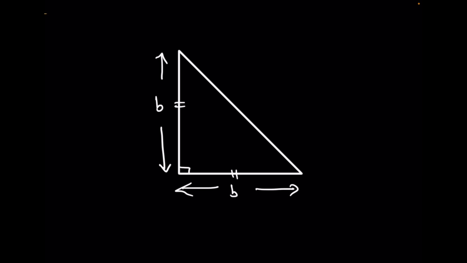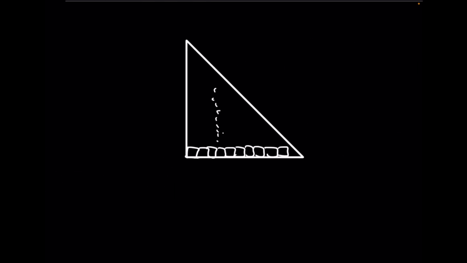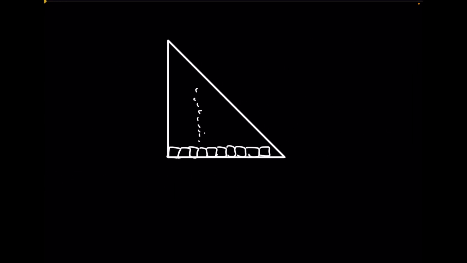Now the question asks us that given small squares of size 2 cross 2, how many such squares can you fit in this triangle, right? What is the maximum count of such squares that you can fit in this isosceles triangle?